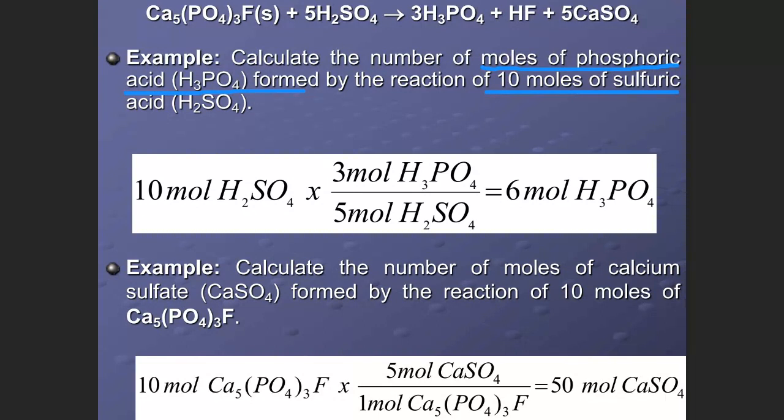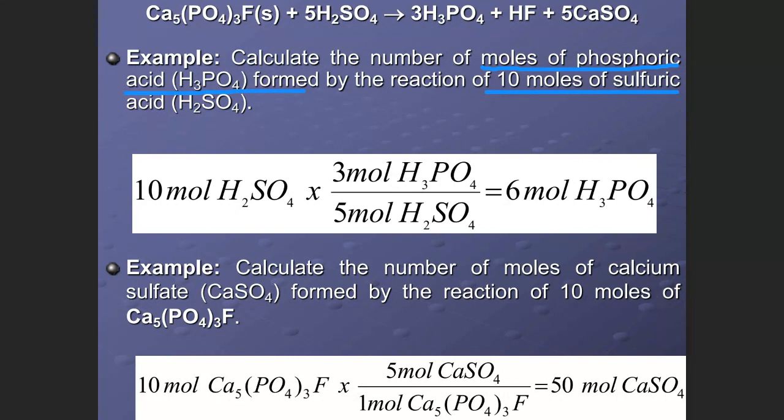So 3:5, correct? I mean 3 moles phosphoric acid divided by 5 moles sulfuric acid, this will be our conversion factor. Now you can ask me why phosphoric acid is on the top, because we already learned our rule that whatever unit is our target in the calculation, we always write on the top, and then the one we compare, we write on the bottom.